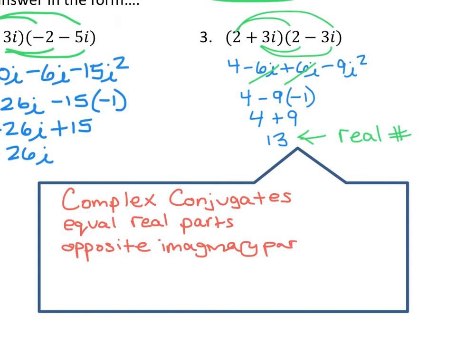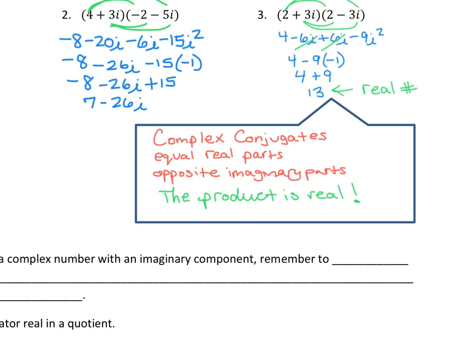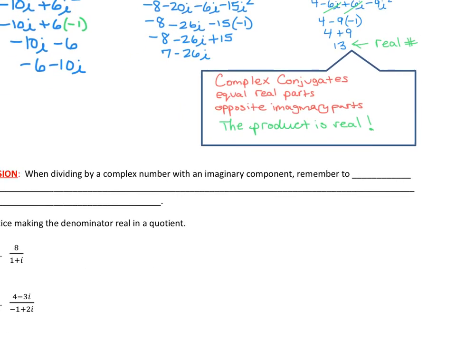And what is the result of their product? The result of their product is real. In this case, in our example, it's the number 13. So the imaginary part will go away when we multiply complex conjugates. So this is going to be important as we move into division.